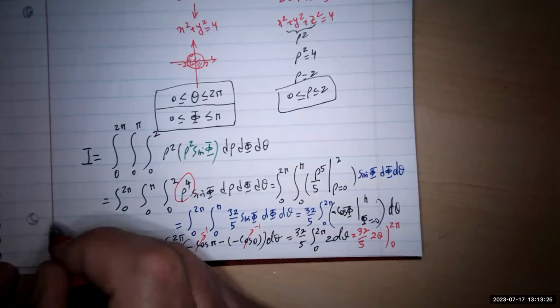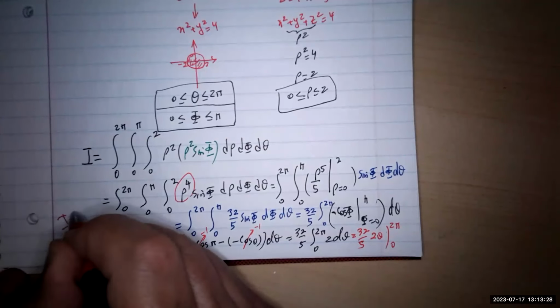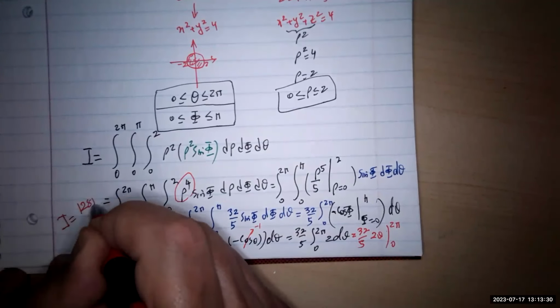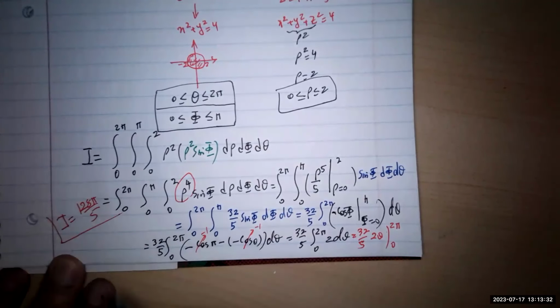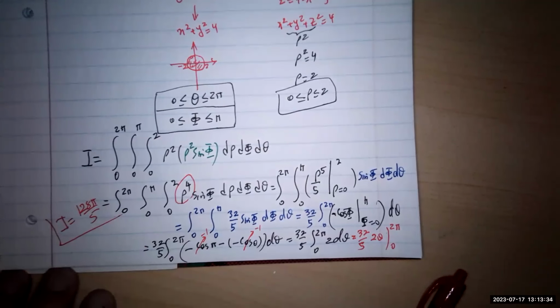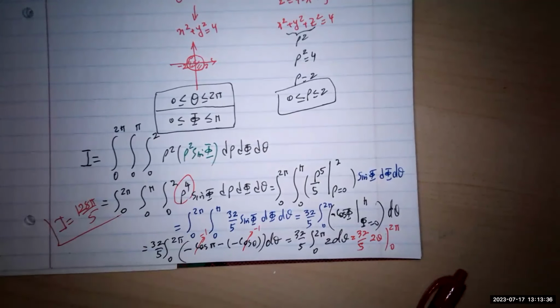It's going to be 128 pi over 5, the final answer. Okay, so again, just keep it in order, and you'll be fine to get these numbers done.